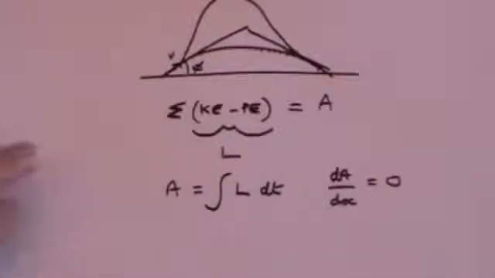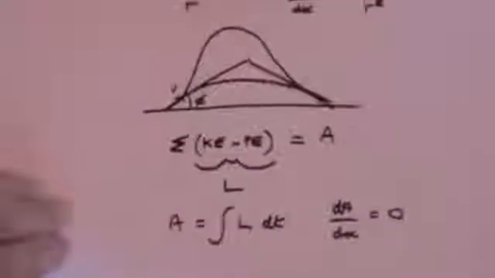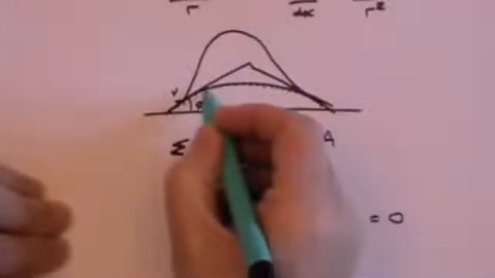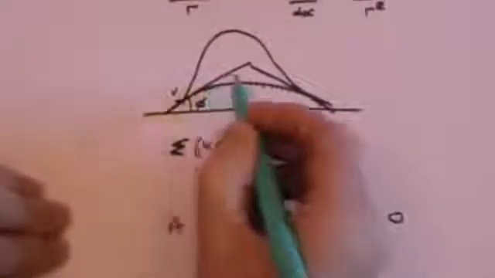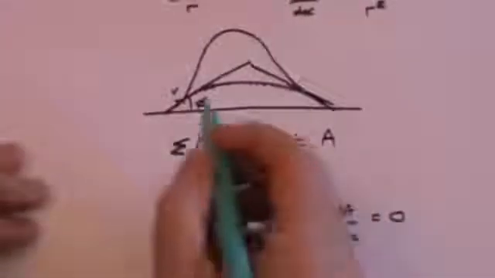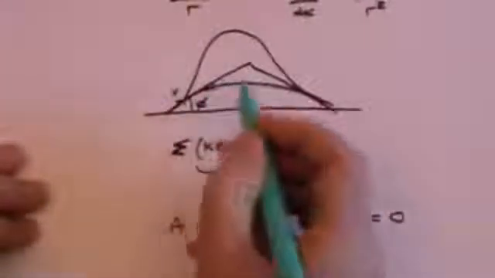Now, in order to calculate this, I want to take just 3 adjacent points on this trajectory. Now, of course, they will be infinitesimally close together, but I'm going to expand them. So we're looking at 3 points on the trajectory, and let's just magnify them out a little.